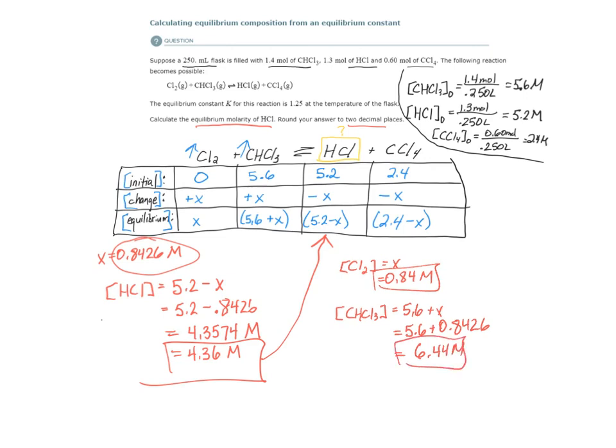And finally, the equilibrium concentration of CCl4 is equal to 2.4 minus X, which is 2.4 minus 0.8426, 1.56 molar.